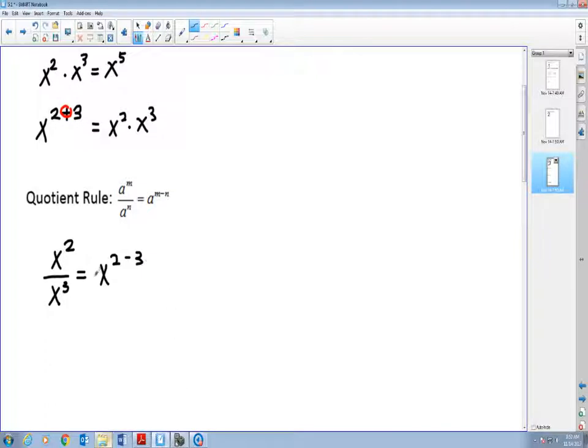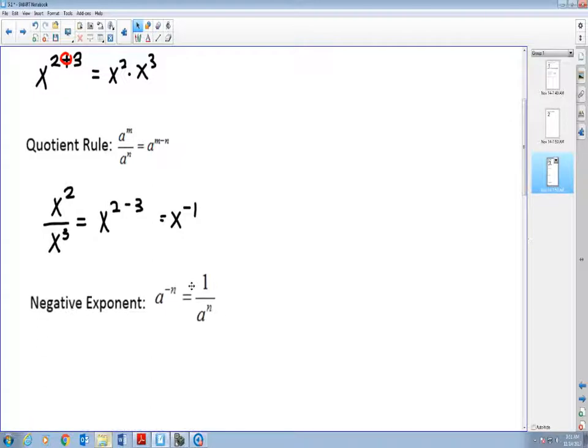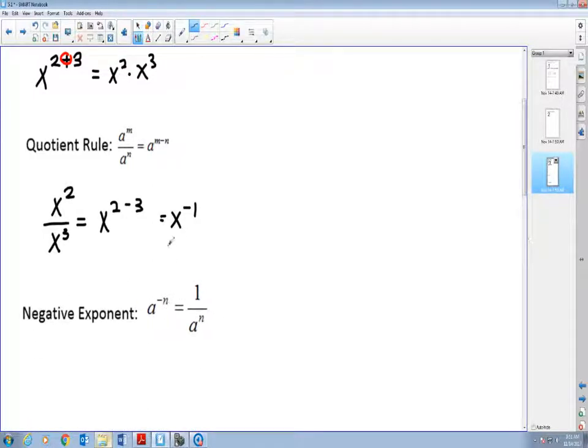Okay, so that means if I see something that looks like this, because of that subtraction sign, I can split up my bases as x on top, x on the bottom, the exponent 2 on top, the exponent 3 belonging to the base in the bottom. Okay, so this is going to be x to the negative 1 power, and according to the negative exponent rule, when my base has a negative exponent, we can flip the base to the other side of the fraction and make the exponent positive.